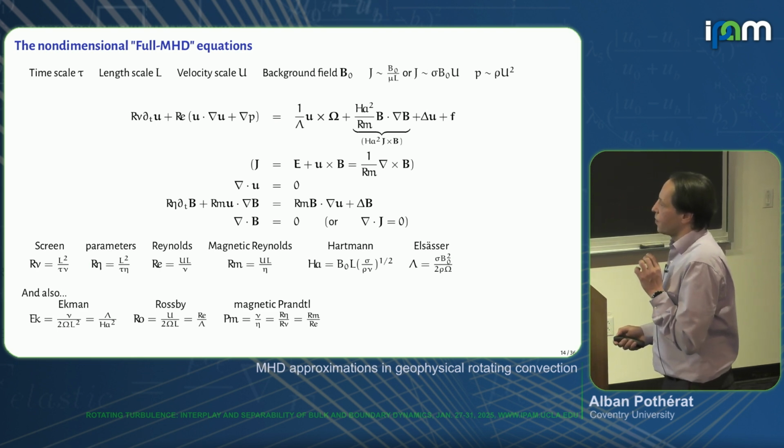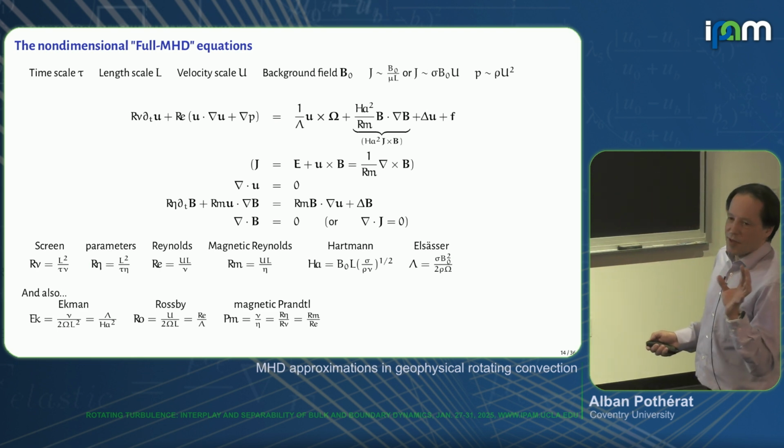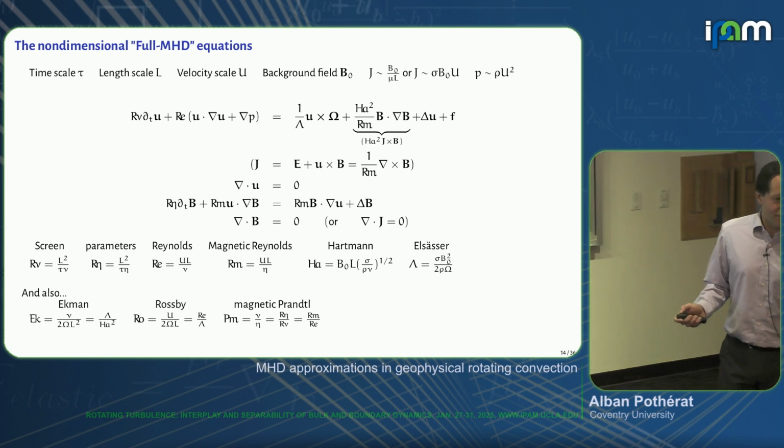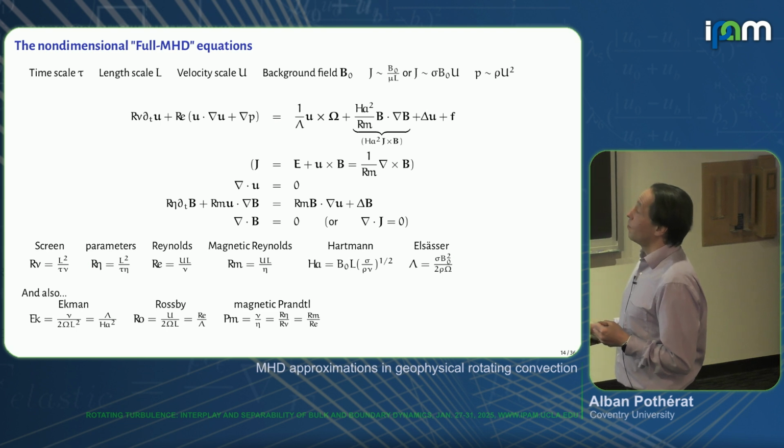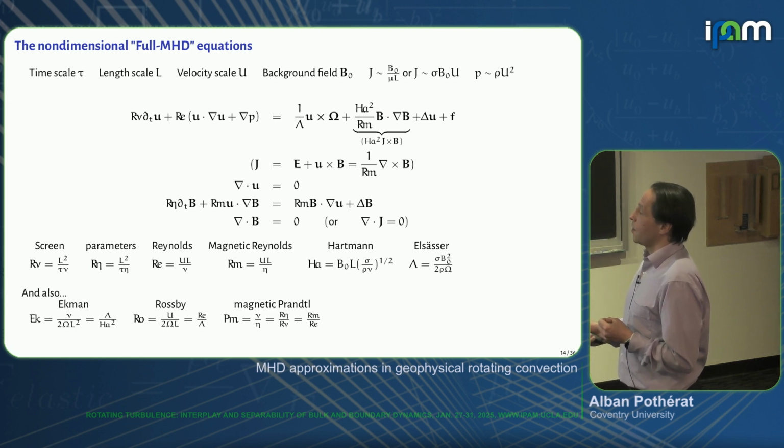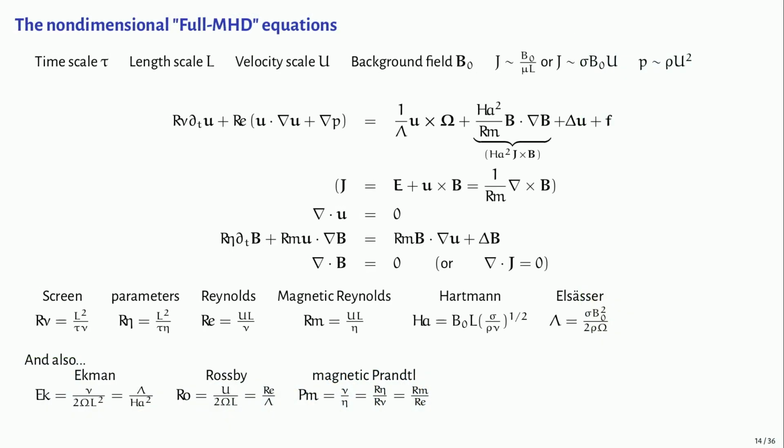If you use those variables, then you get these non-dimensional numbers. I've written this in an MHD way because, in a sense, I could have normalized by rotation, but here I've normalized by the dissipation, and you get those numbers. The reason I did that is because it gives you nice MHD numbers. So I have two screen parameters. I don't know if you're used to screen parameters.